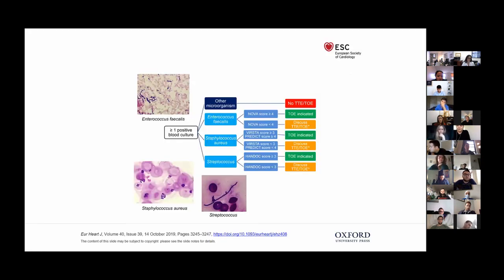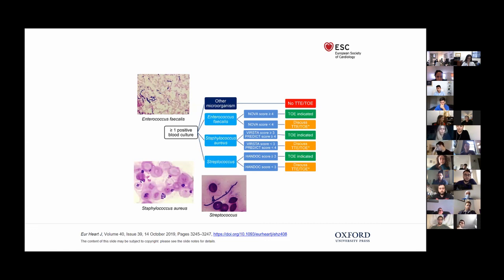So this is a nice summary of the algorithms for the gram positives that we really worry about may have complications. As I mentioned, most gram negatives and even most gram positives, other than staph, don't need follow-up blood cultures unless they're persistently ill or bacteremic.